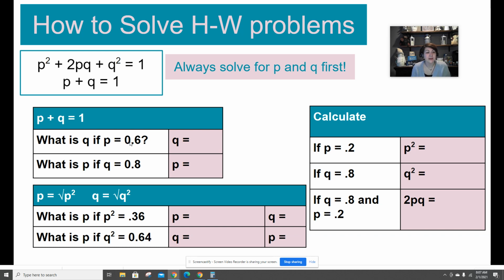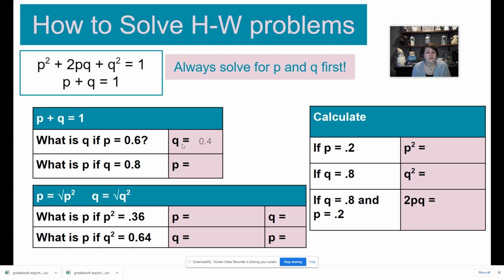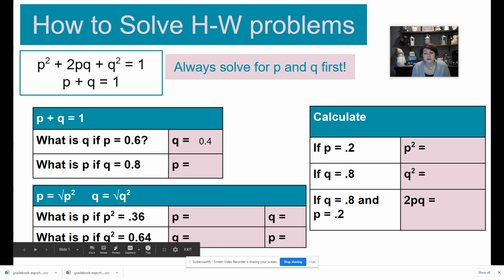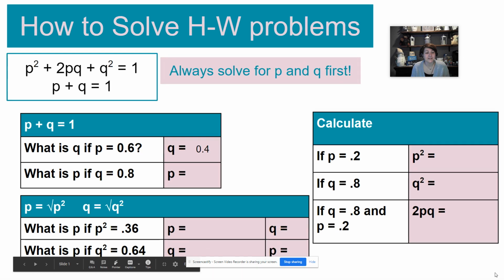Well, Q and P have to add up to 1, so Q has to be 0.4. Now, here's the catch, guys. You can just do 1 minus P if you're bad at math, and break out that calculator if you want. I'm not opposed to using calculators on this. Obviously, you're going to need them.